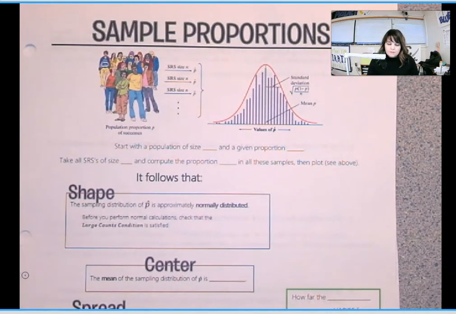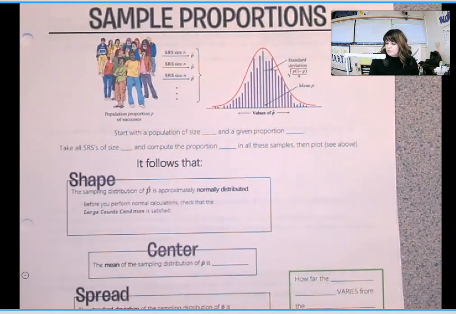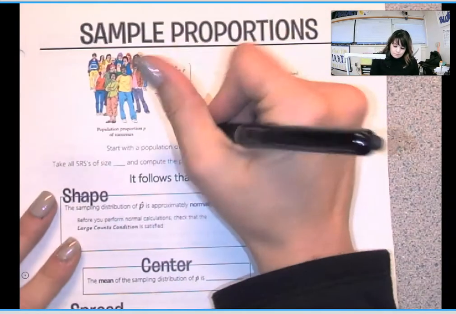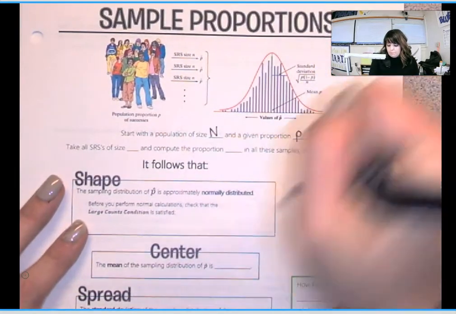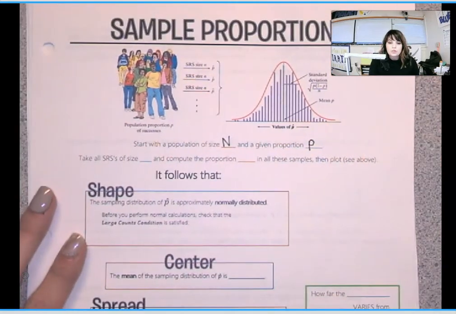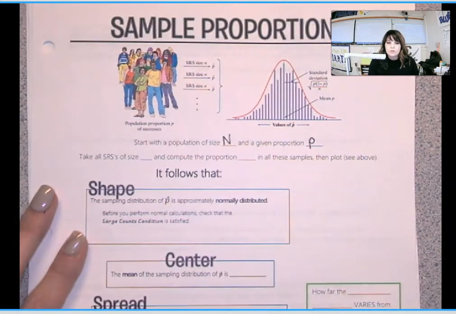So the graphic at the top is just the setup for your distribution. So this says I'm going to start with a population of size capital N and a given proportion of P. So the true population size, the true population proportion.